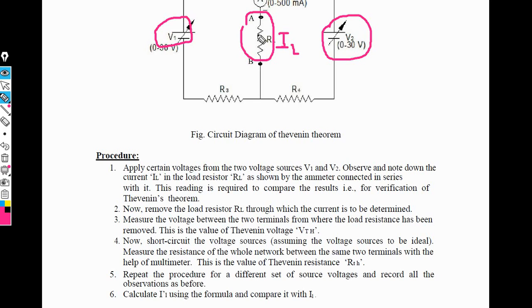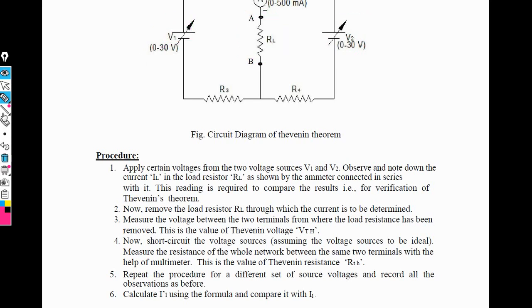Then calculate the current using the formula I is equal to V by R, that is VTH upon RTH, where RTH means equivalent resistance.